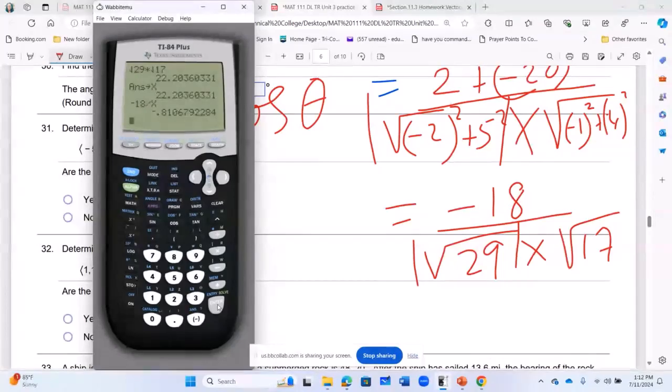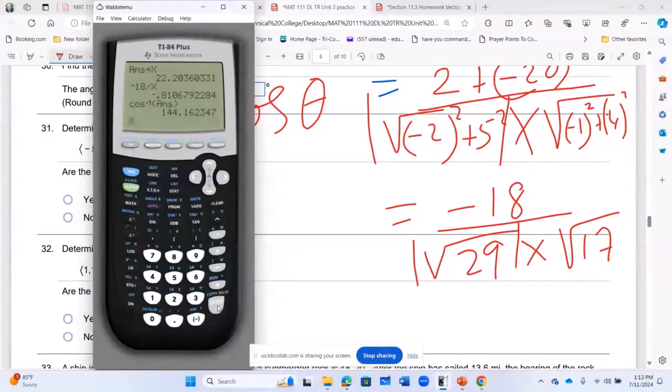Okay, so now I'm ready to find the cosine inverse. That angle is not in the first quadrant or the fourth quadrant, so I'm just going to use the second cosine inverse with the quantity I just calculated, and that angle is 144 degrees.